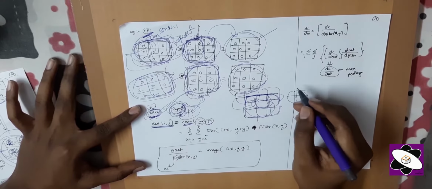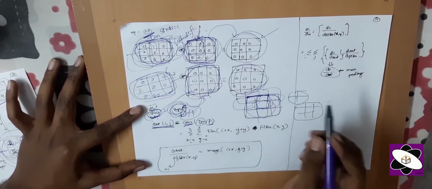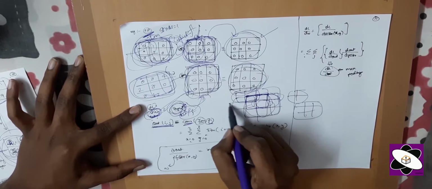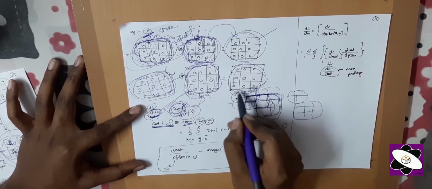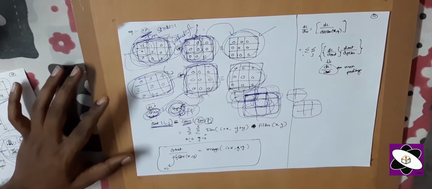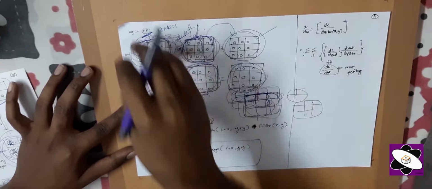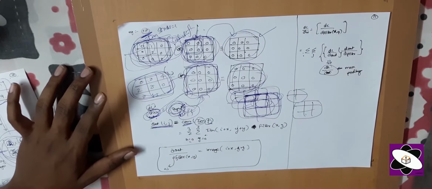At first, as I said, for valid it will go here, but for full it will start from here. And for 3 by 3, for valid it will start directly from here. For full it will start from here, then here, and the dimension will be larger. But in this case we will get 3 by 3 only, because we are getting the same thing again.